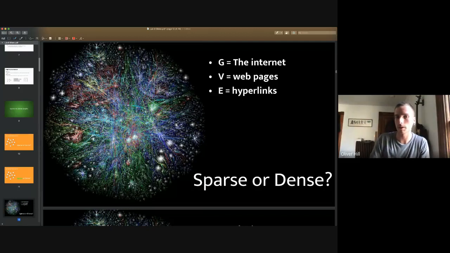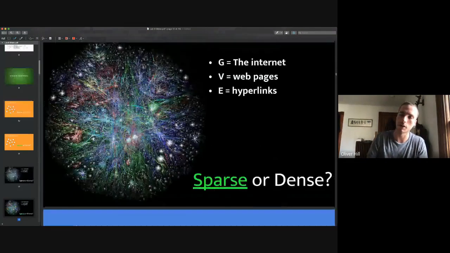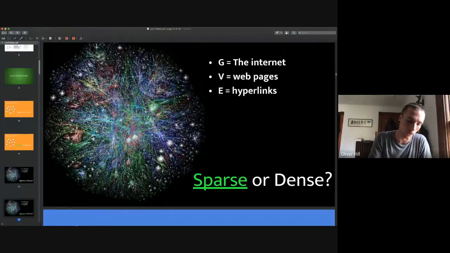Yeah, it's sparse because it's not on the order of v squared. You're never going to get a single web page connecting to the majority of the other web pages on the internet, or anything definable in terms of v squared, right? Is that making sense?